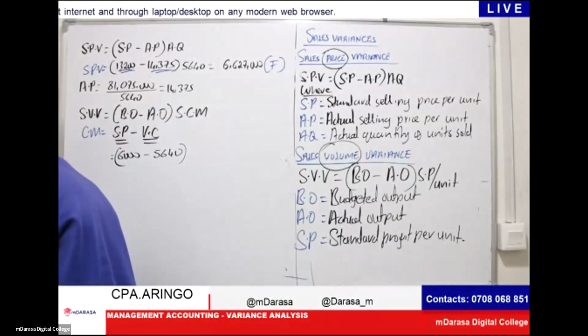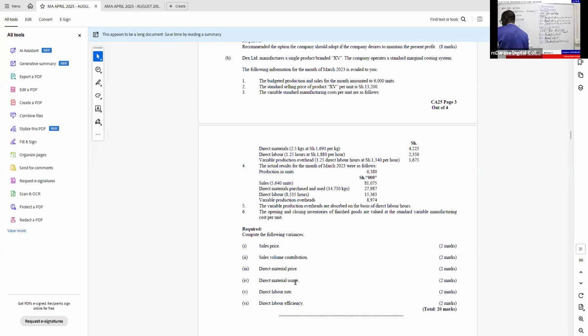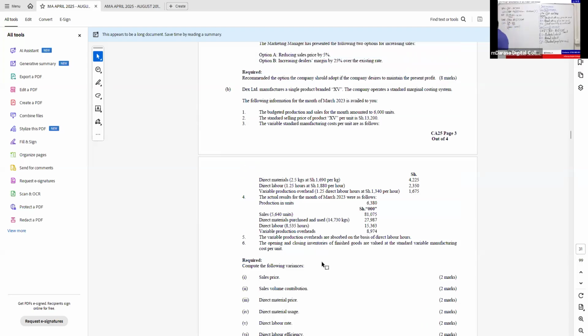So if we check our question, our standard component, which you are given in note 3, our variable cost we had 42.25, 23.50 plus 16.75. That is note 3. Direct materials, direct labor, and the aspect of variable production overheads. The total cost, if you sum them up, you're getting 82.50.